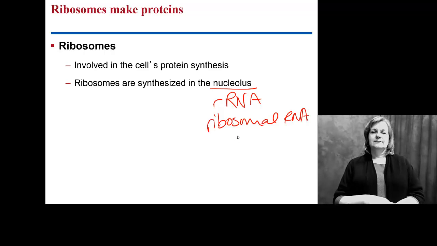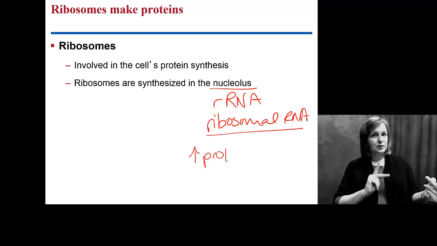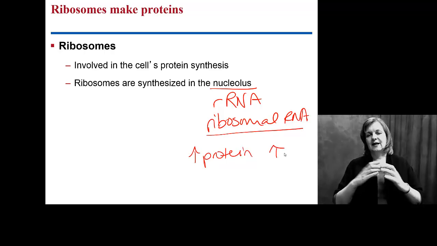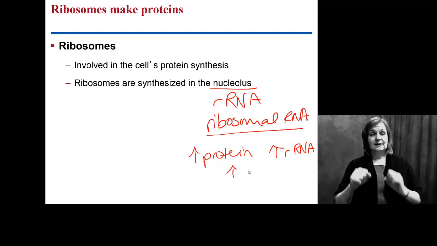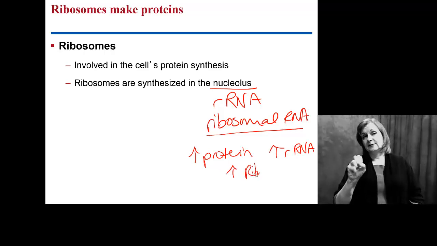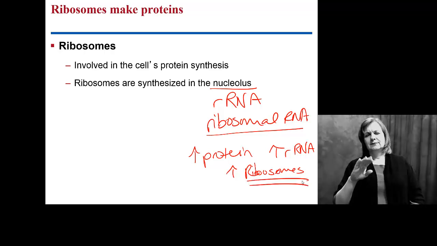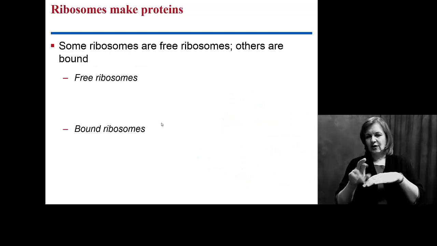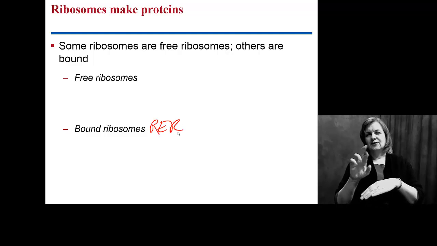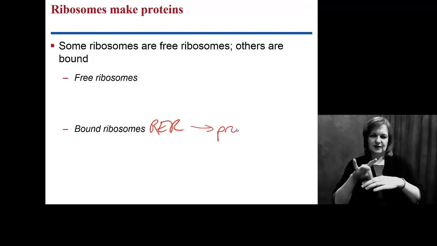So we have to look at cells that must produce high amounts of protein are going to have very high amounts of rRNA produced so that they can have high amounts of ribosomes produced. Because in order to make proteins, we must have ribosomes. I mentioned to you that the ribosomes on the surface of the ER, or the rough ER, were stuck there to help produce proteins.